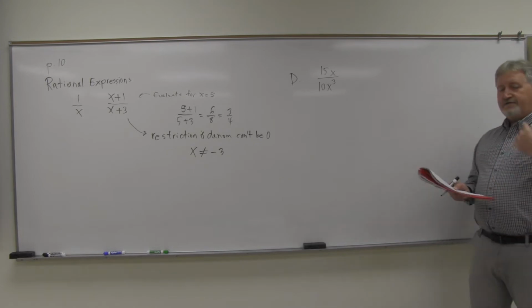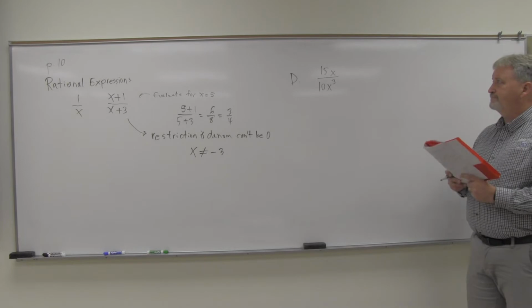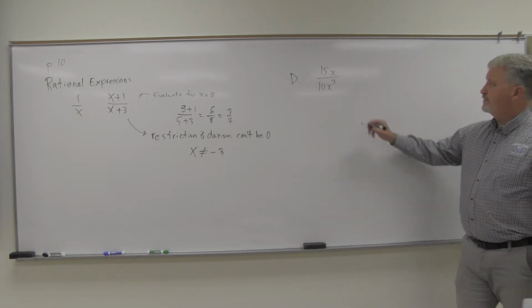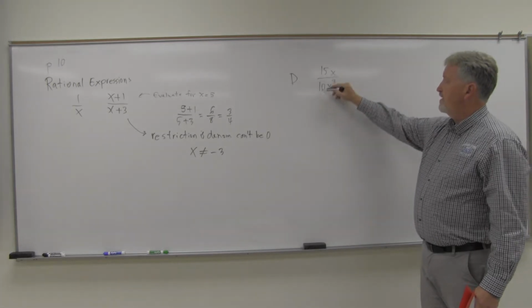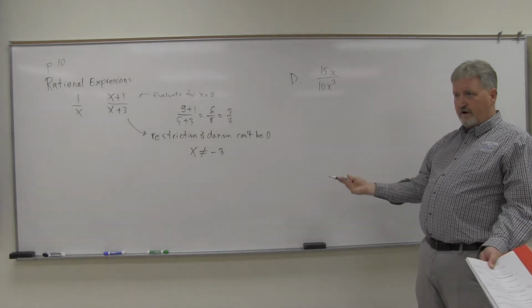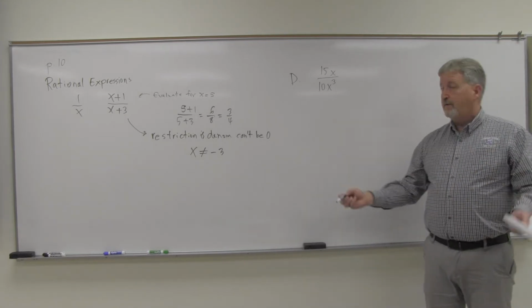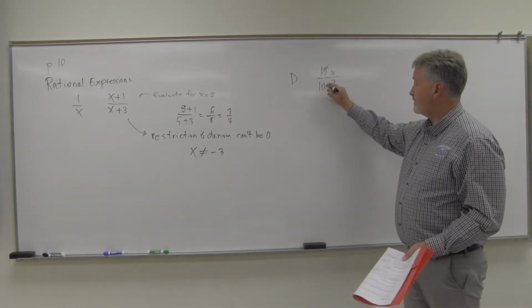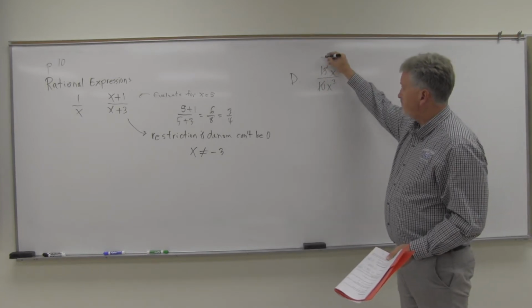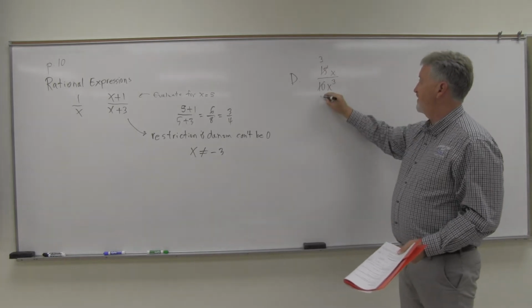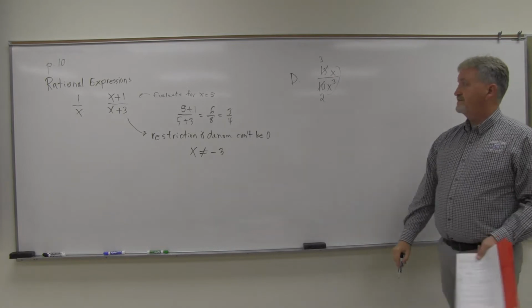Just like regular fractions, which we kind of got one here, with 15 over 10, we reduce those by the common factor. So 15 and 10 have a common factor of 5. So we reduce those by 5, and that gives me a 3 on the top and a 2 on the bottom. Now, same thing on these x's.